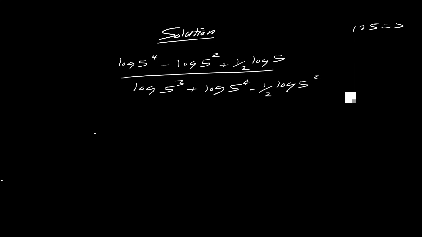So we get rid of the coefficient. Remember, from laws of logarithms, the coefficients are the power. So in the numerator, in the last term, we have a half. So that a half will be a power. So we have plus log 5 raised to power half.